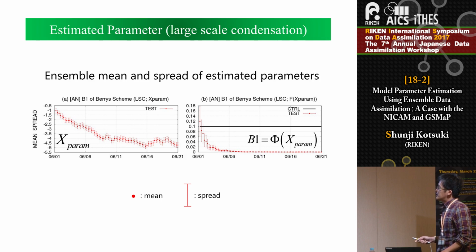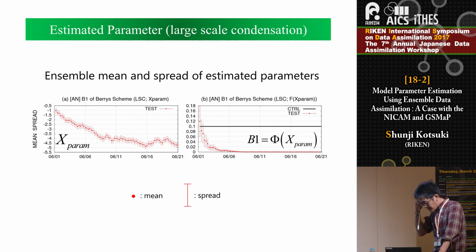And in the right panel, we see the rapid shrinkage of the parameter. But actually in the data assimilation space, we maintain the spread. And this black one is used in the control experiment. And against this black line, the estimated parameter reduces rapidly.